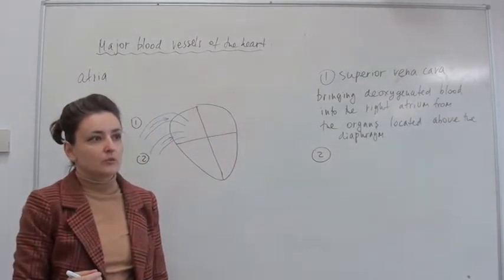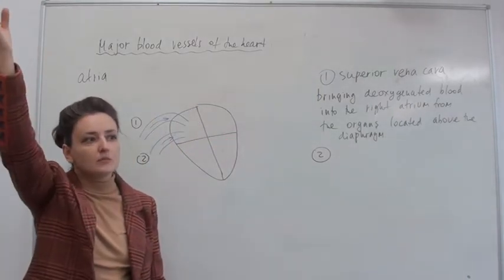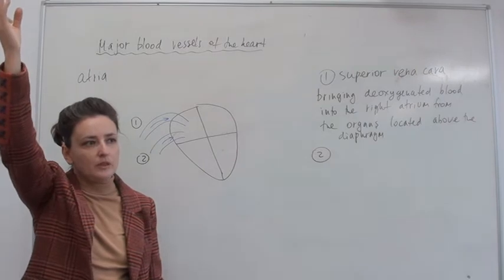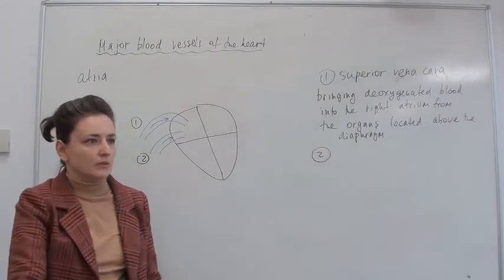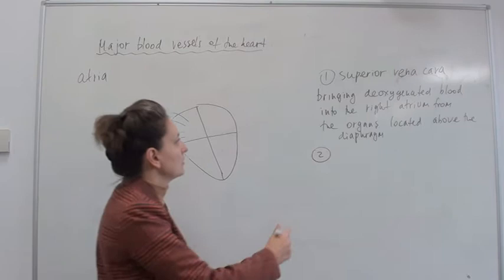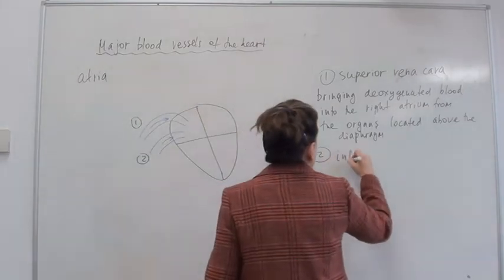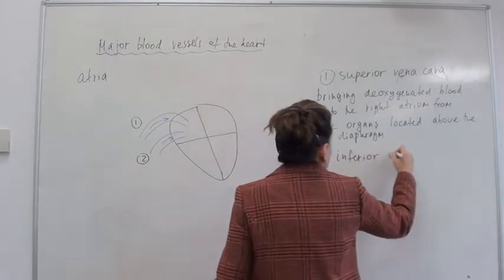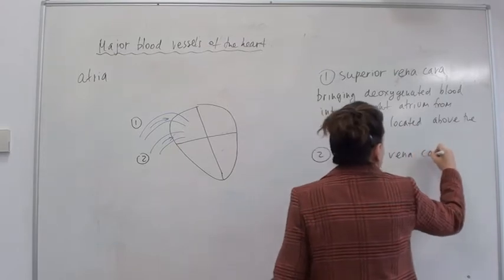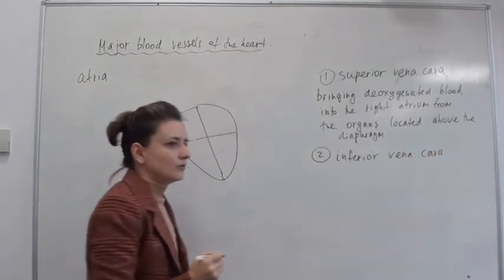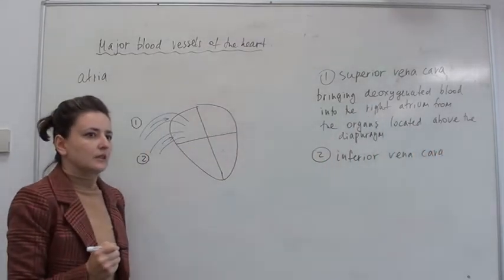So if you think about the words, superior means my boss, right? Something above me. Inferior means somebody who is working for me, right? Below me. So inferior vena cava.